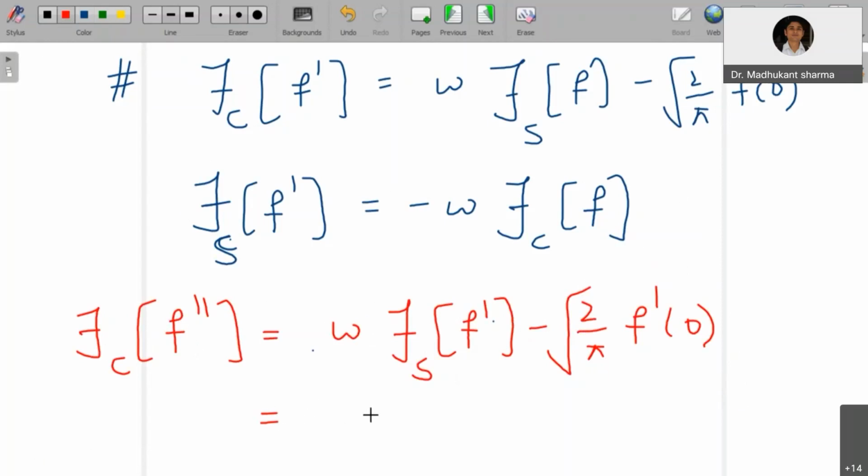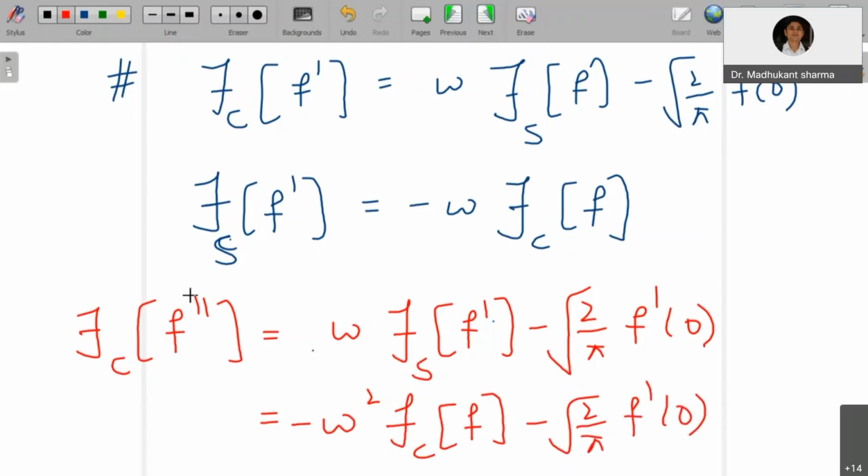Now, w times the Fourier sine transform of f dash I can use here, so it is minus w squared times the Fourier cosine transform of f, minus square root of 2 by pi f dash at 0.